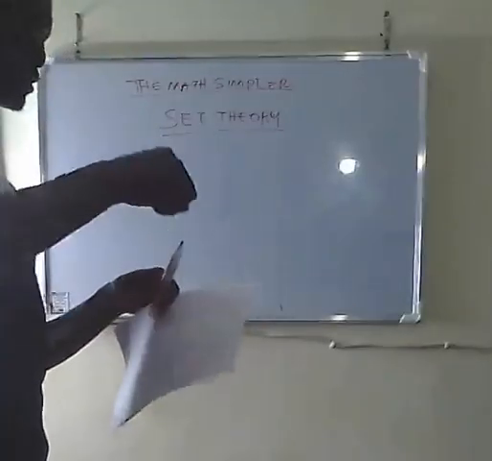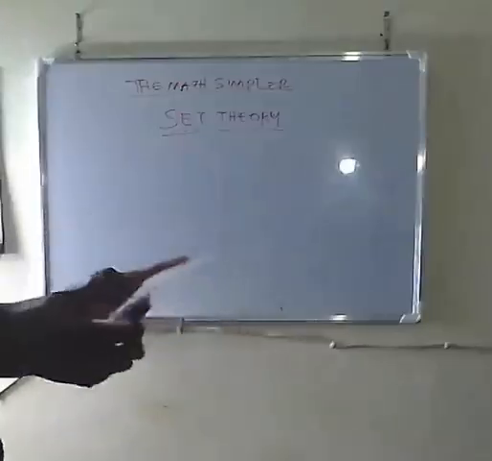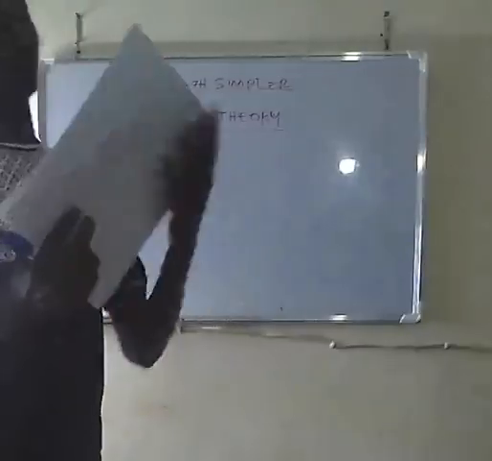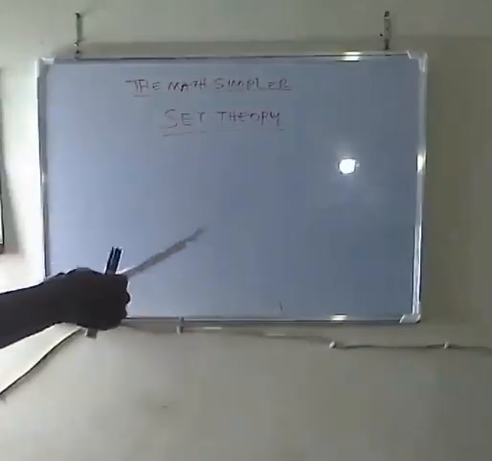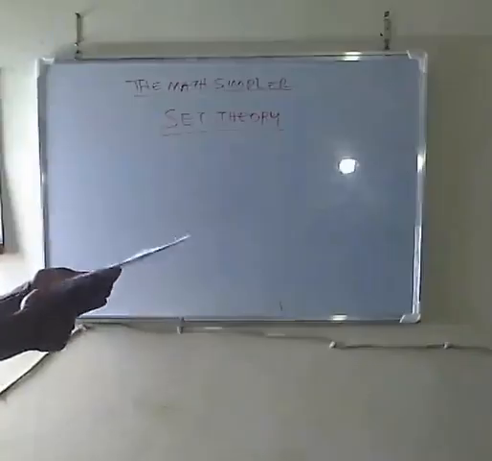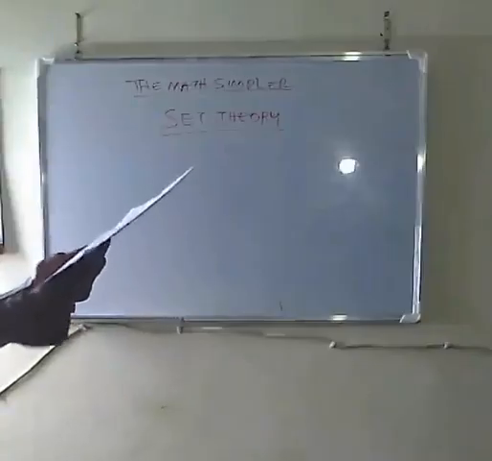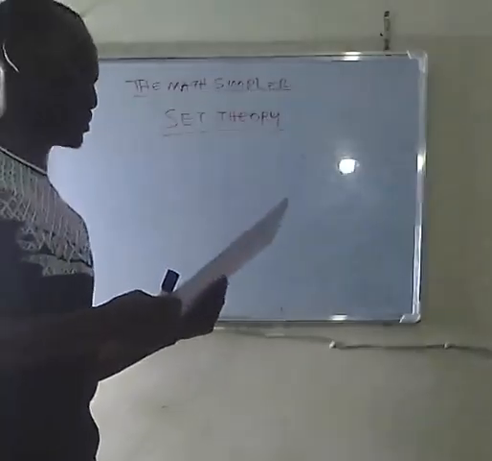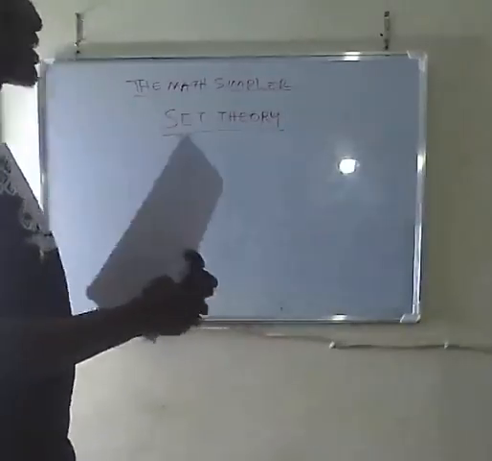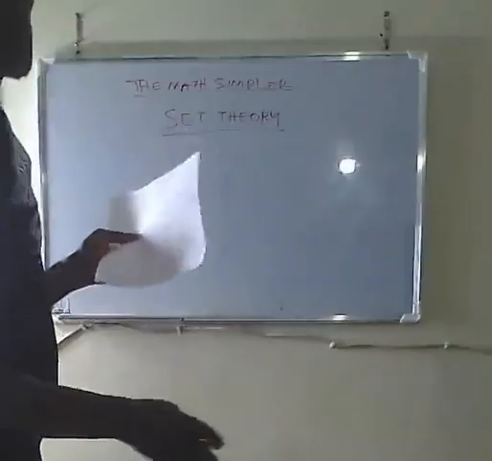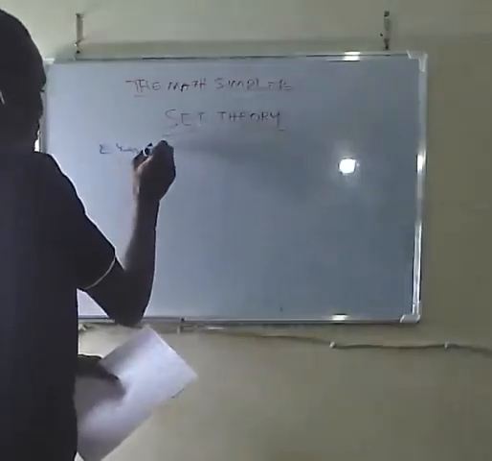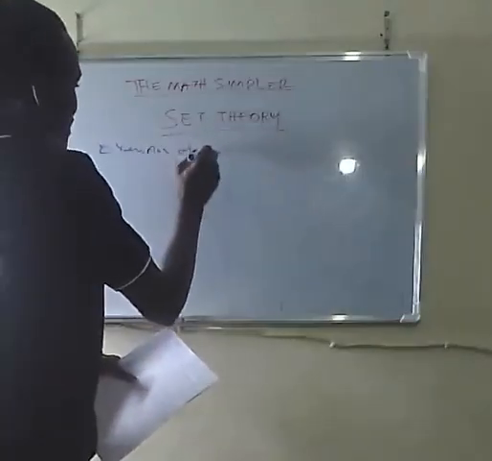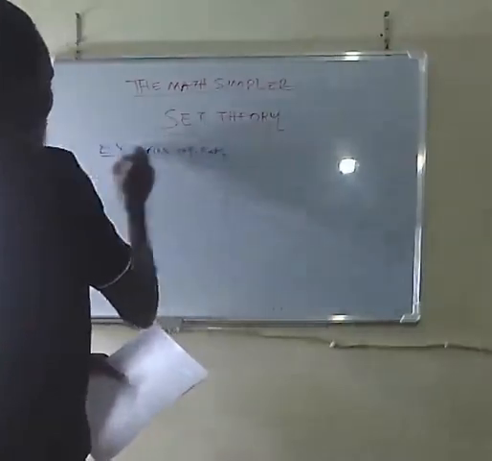The next thing we are going to do is look at examples of sets. Number one, we have finite sets. When you hear the word finite, what comes to your mind?